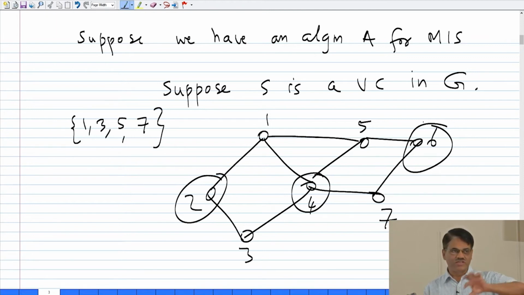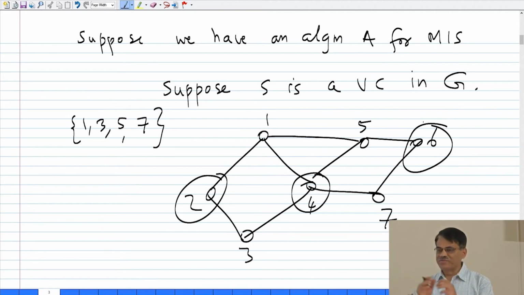If you have a vertex cover, see, this is very important: the difference between an example, a general algorithm, and a proof. If I give you a vertex cover and look at its set complement, here it is an independent set. If it is independent, you won't have an edge there.